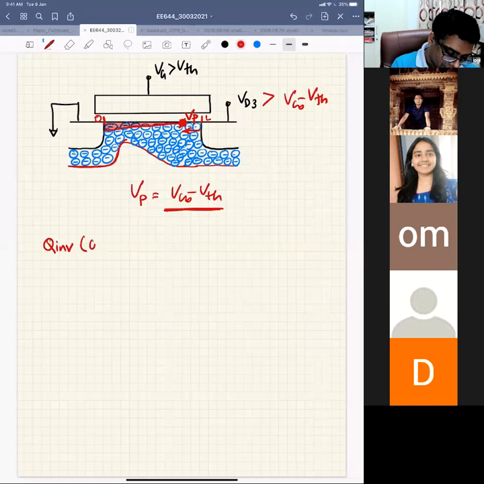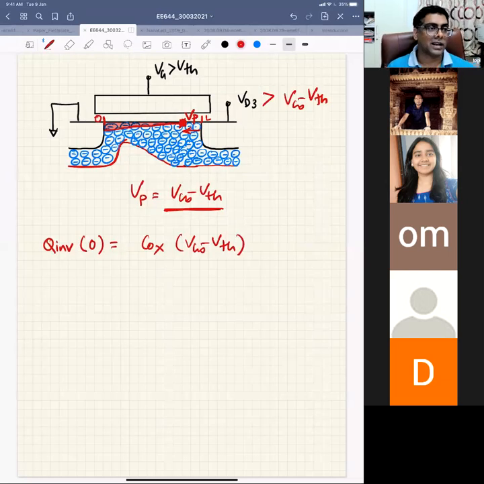Q inversion at 0 is nothing but Cox times VGS minus VTH, right? If I multiply by W times L, this will be the total Coulomb charge, right?